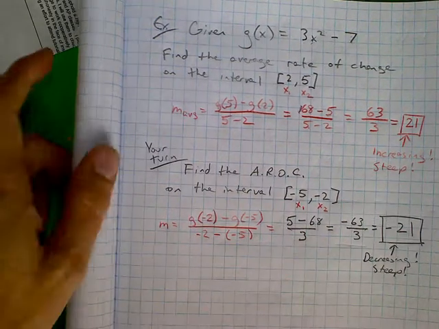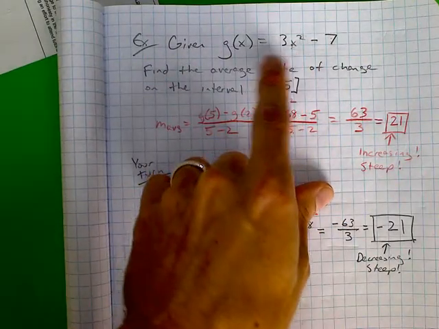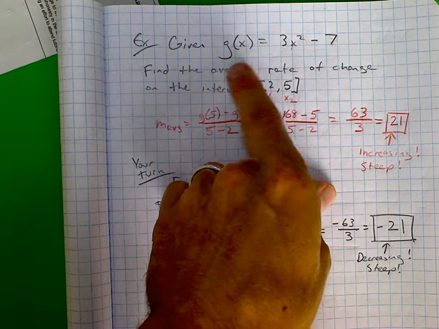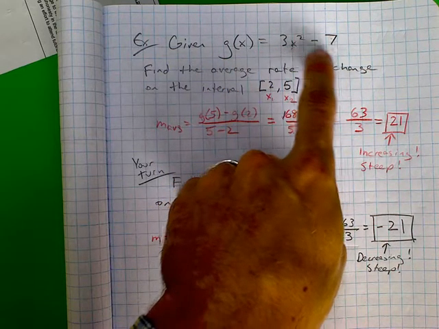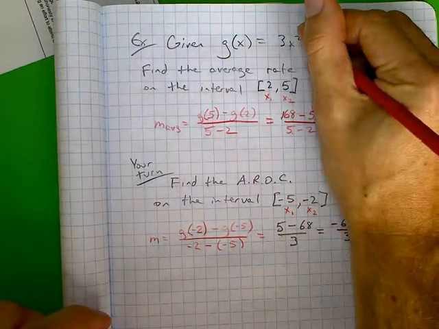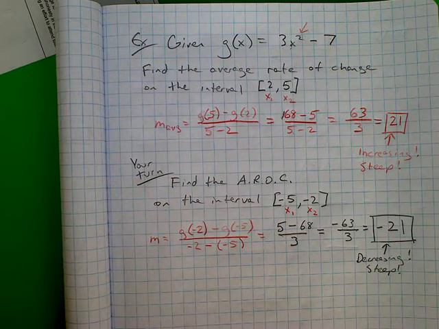Let's think about this function. So does this answer make sense? What type of symmetry would this function have? Here's a hint. X squared is an even power.